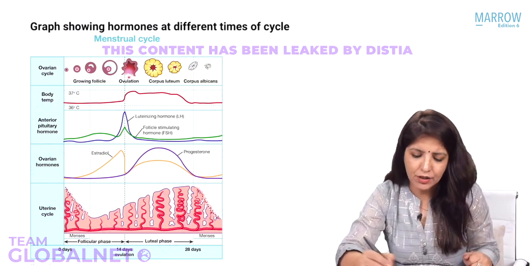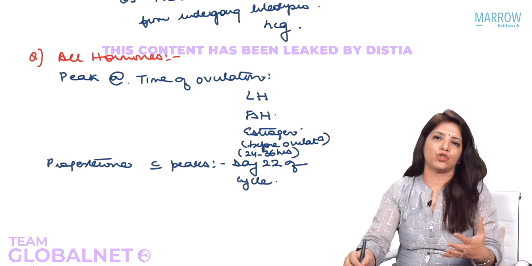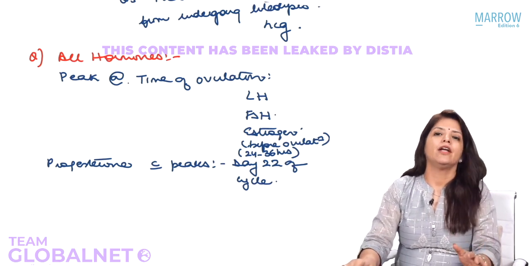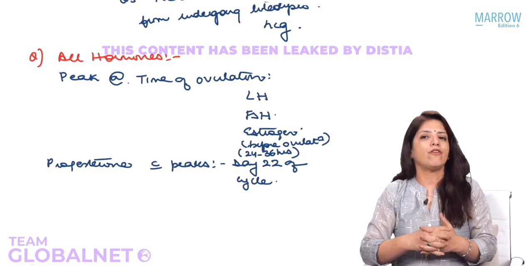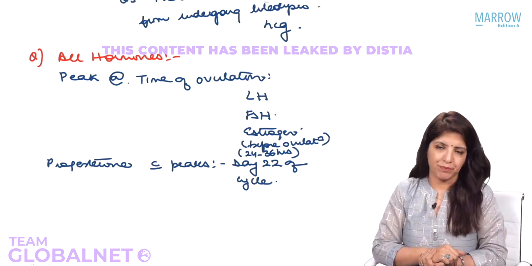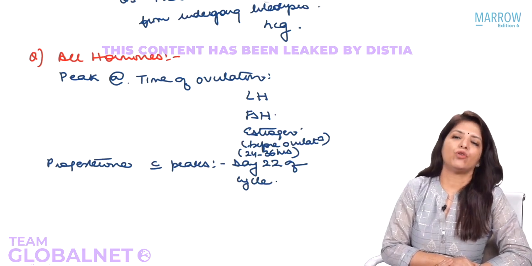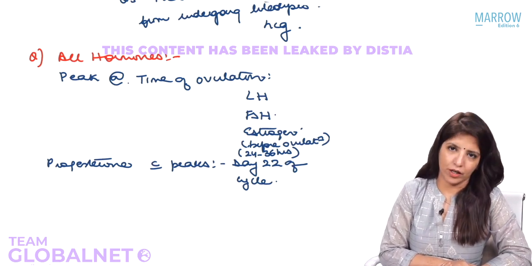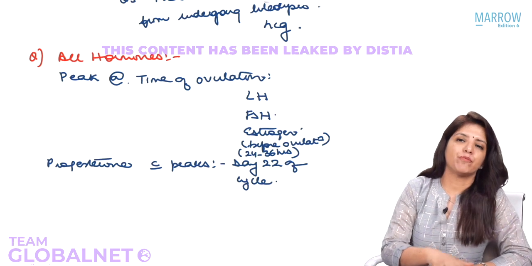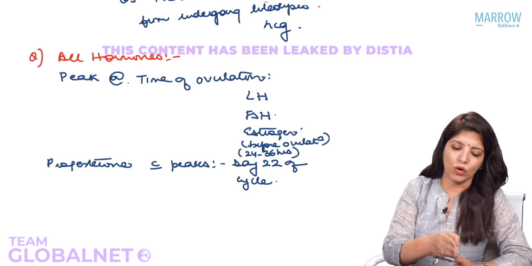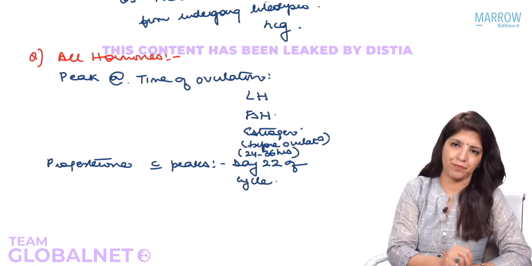Next thing. Now, because progesterone levels are maximum at day 22 of the cycle, if I have an infertile female coming to me, in this infertile female, I want to know whether ovulation has occurred or not. So, I know this, that progesterone is present in a female in good quantities only if a female ovulates, right?